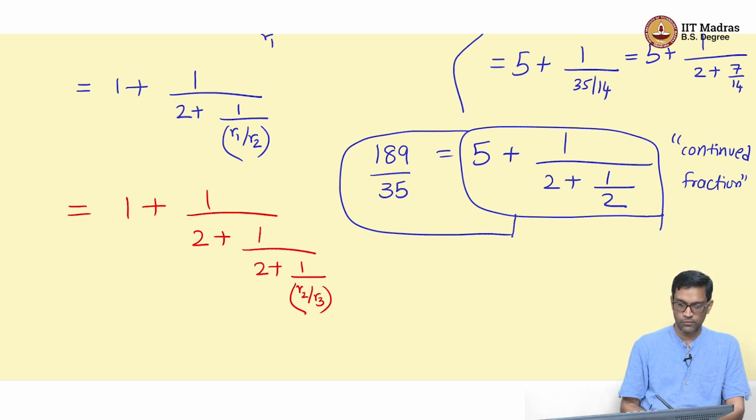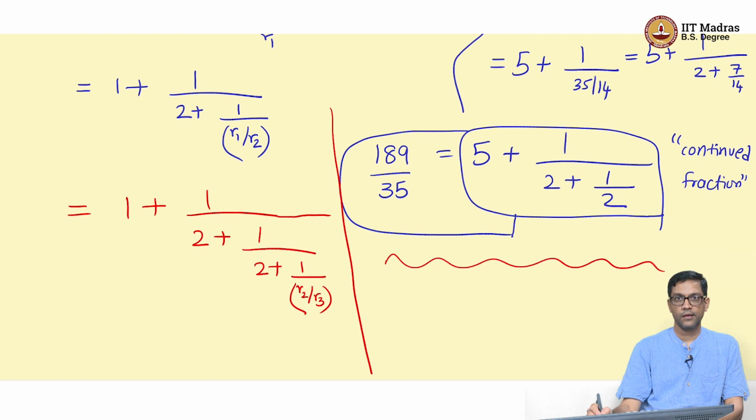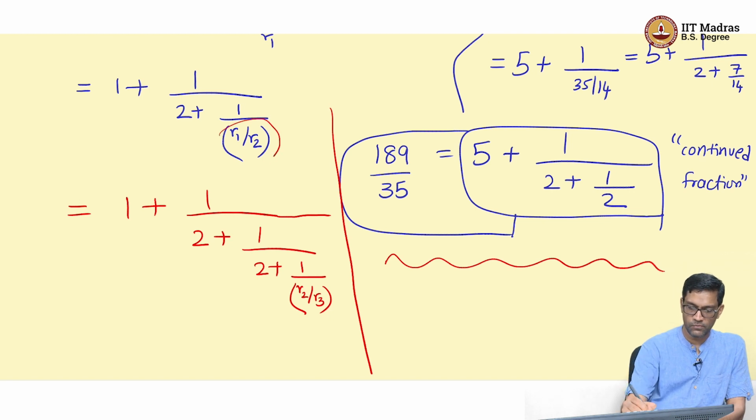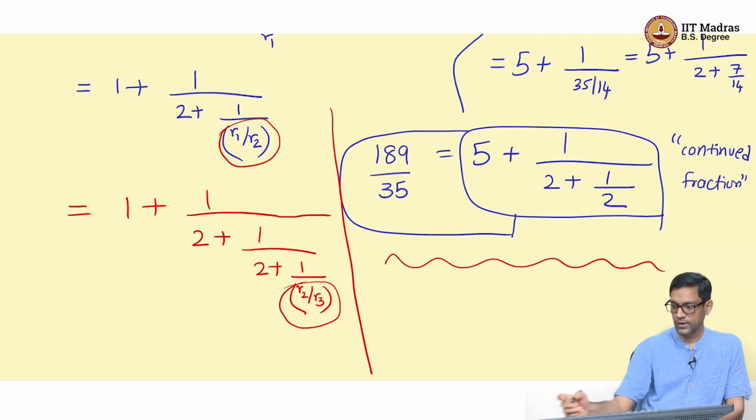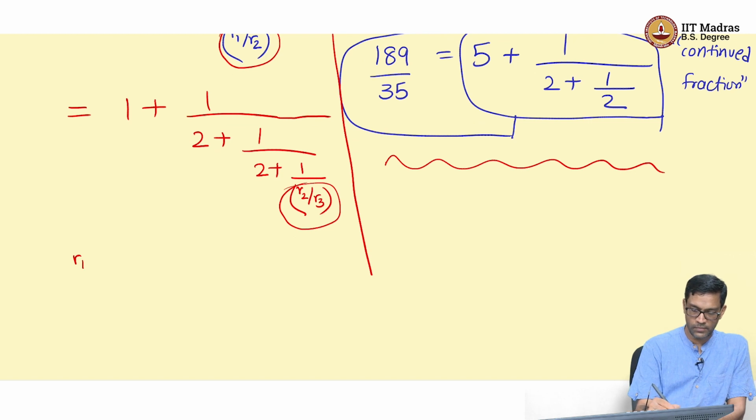So now you can start to see what's going on. At every step I just write the Euclidean algorithm. The comparison with 189 over 35 is that that stopped at some point, but in our case that is not going to happen. So you will keep having, for example here I have R1 by R2, then I will get R2 by R3, then R3 by R4, and so on and so forth. But observe that in fact R1 by R2, which is what you get in the first step, is just R1 by R1 squared.